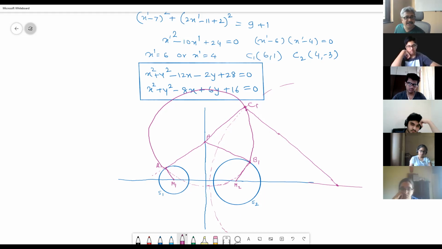See, if I am sketching by hand, it is not quite visible, correct, but still I am trying my best. Samartha, you just sketch whatever I have done in your GeoGebra right now, then I will allow you to share your screen. Okay.